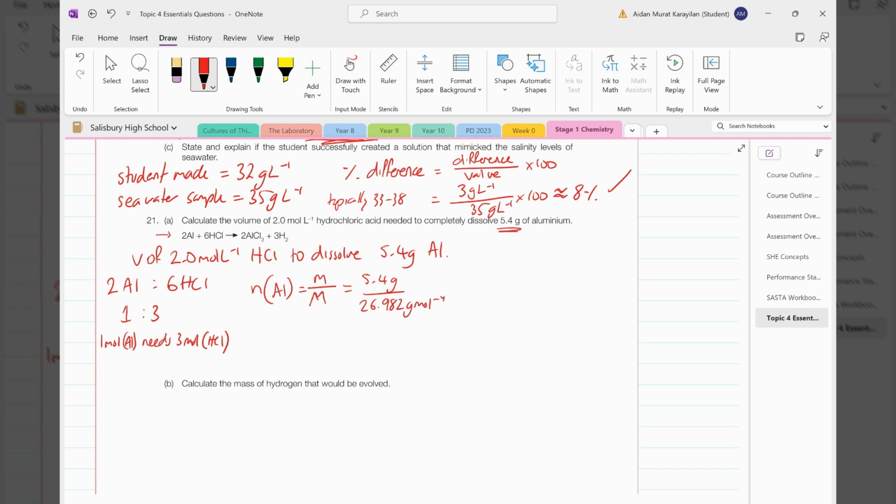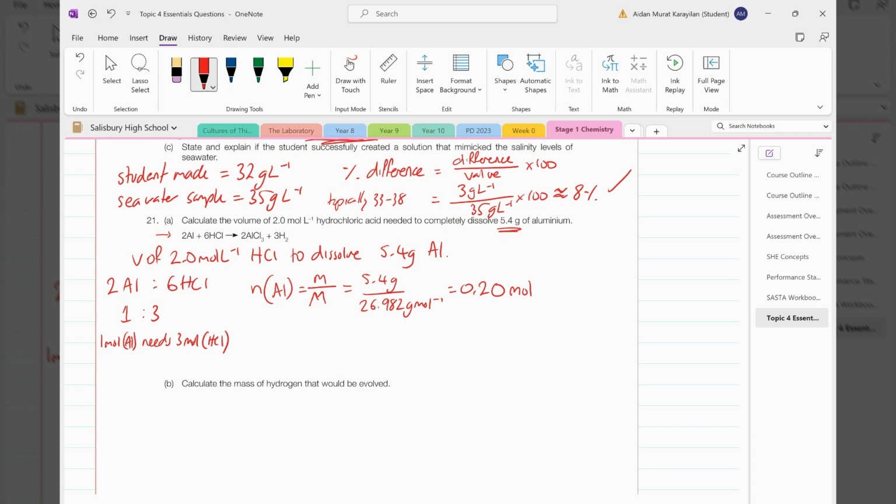Oops, that's meant to be a -1. So I'll just throw it in the calculator. We have 5.4 divided by 26.982, and we end up with 0.20 moles.